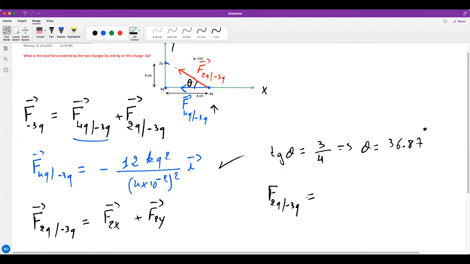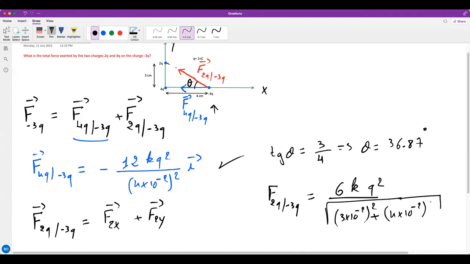The magnitude of this force, 2q on minus 3q, is equal to the usual Coulomb's force, 6k q squared, because it's 2q times 3q, which is 6q squared, divided by the distance between both of them. The distance is the square root of (3 times 10 to the minus 2) squared plus (4 times 10 to the minus 2) squared.